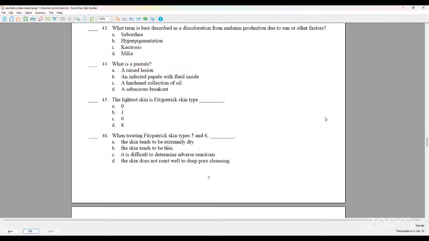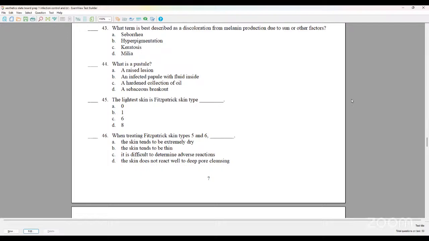When treating Fitzpatrick skin types 5 and 6, the skin tends to be extremely dry. The skin tends to be thin. Difficult to determine adverse reactions, or the skin does not react well to deep pore cleansing. We know 5 and 6 has more melanin.